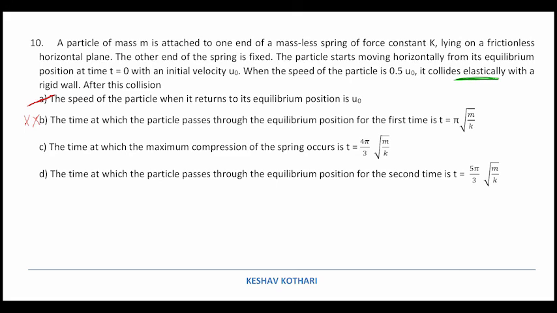The time at which the maximum compression of the spring occurs, this one is also incorrect. The maximum compression of the spring will occur at 2 pi by 3 root over m by k plus pi by 2 root over m by k, and we will not get this equal to 4 pi by 3 root over m by k. The time at which the particle passes through the equilibrium position for the second time, this is correct, 5 pi by 3 root over m by k.